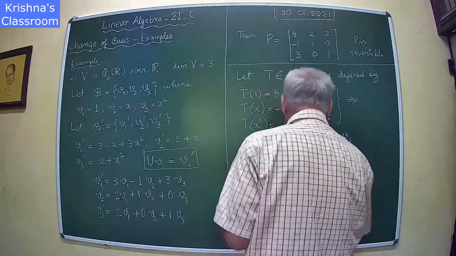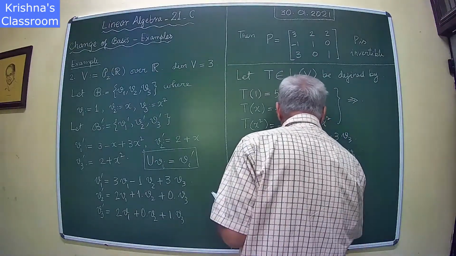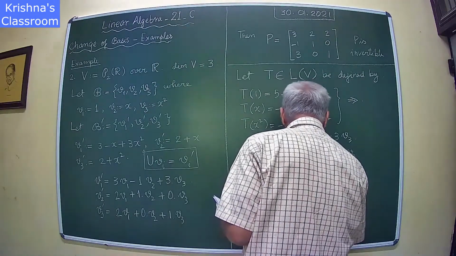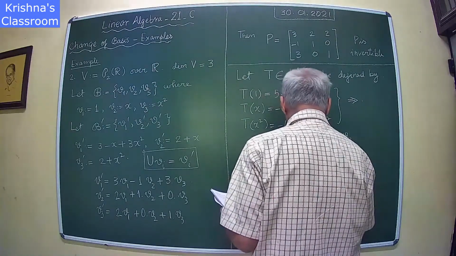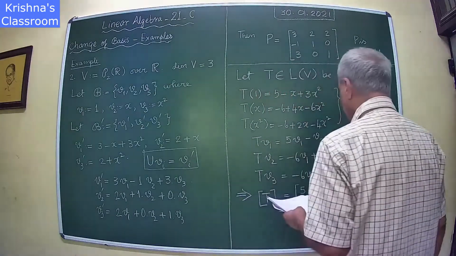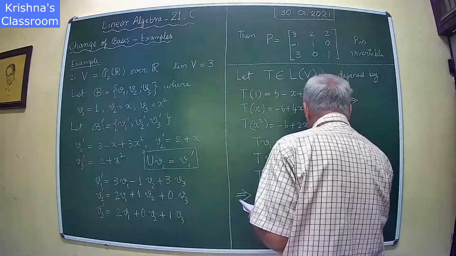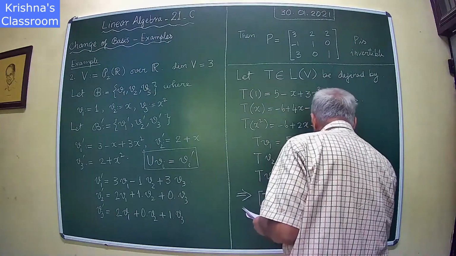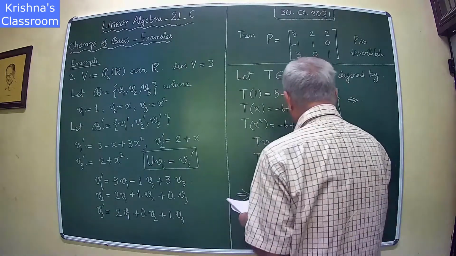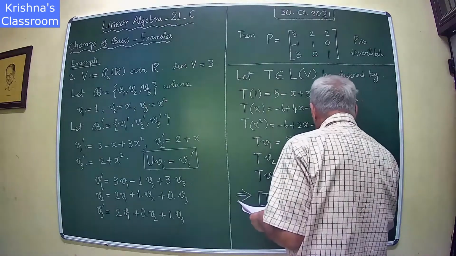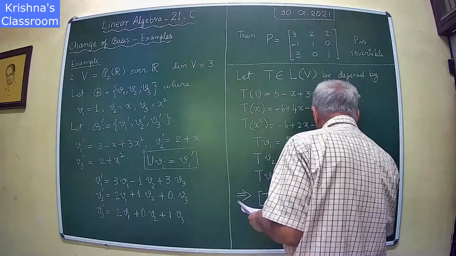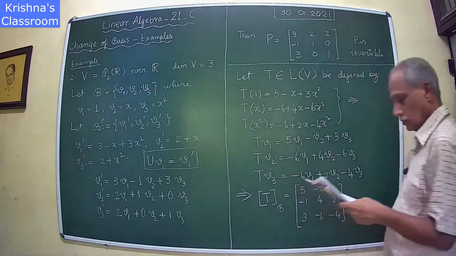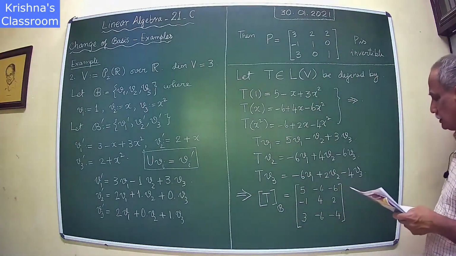So it is 5, minus 1, 3. Then minus 6, 4, minus 6. Then you have minus 6, 2, minus 4.